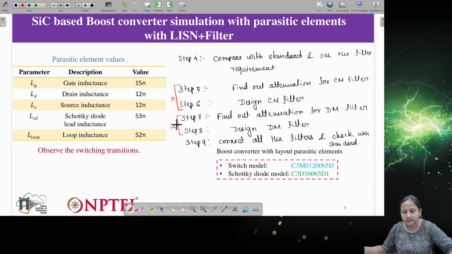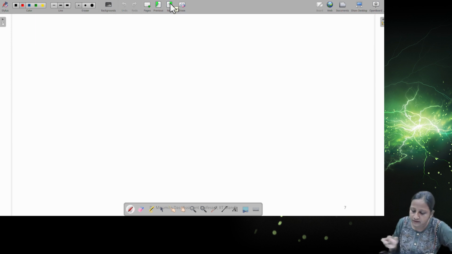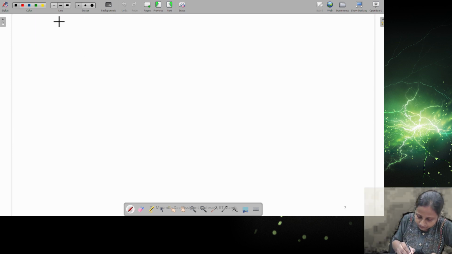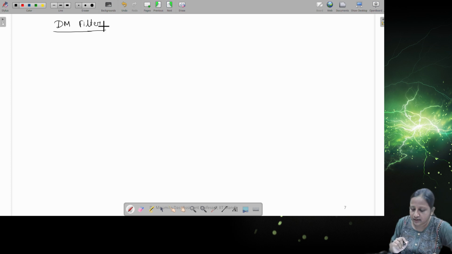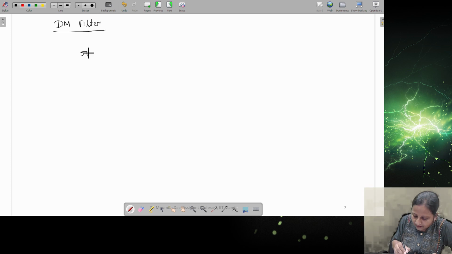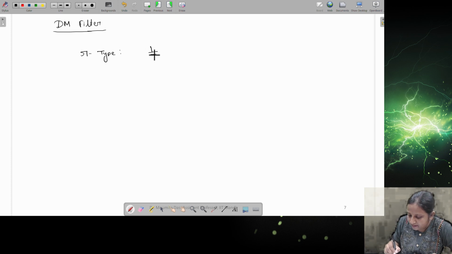Generally, a CM type of filter is a choke kind of filter, and for DM you can use different types of filter. I have already discussed the different filters. Let's say the pi type. Pi type means two capacitors along with one inductor.